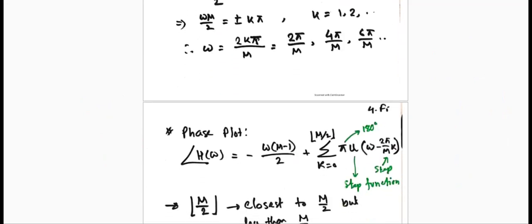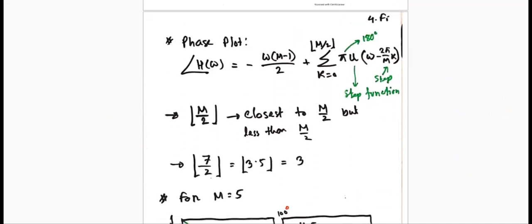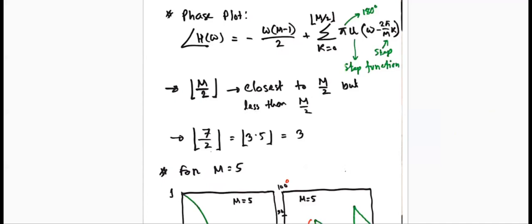Okay. So we have plotted the magnitude response. That is very simple, but we need to understand each and every part. Now comes the phase plot. Before understanding this expression, I would like to show the phase plot first of all.